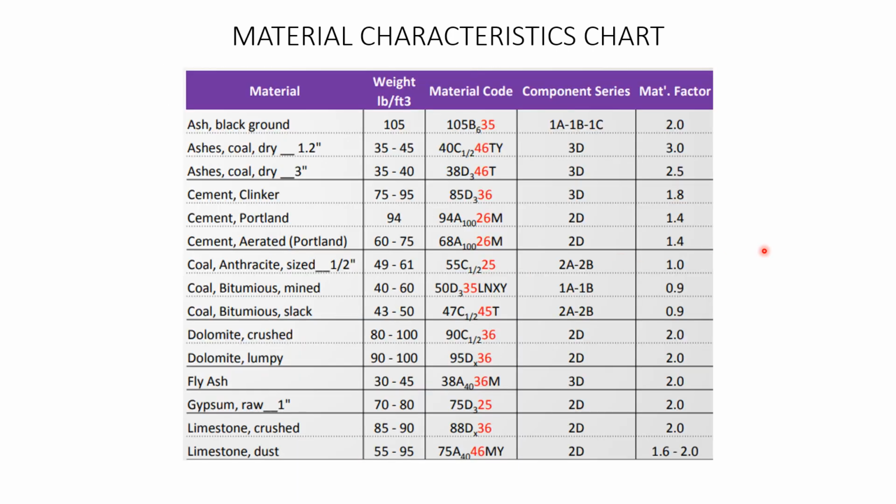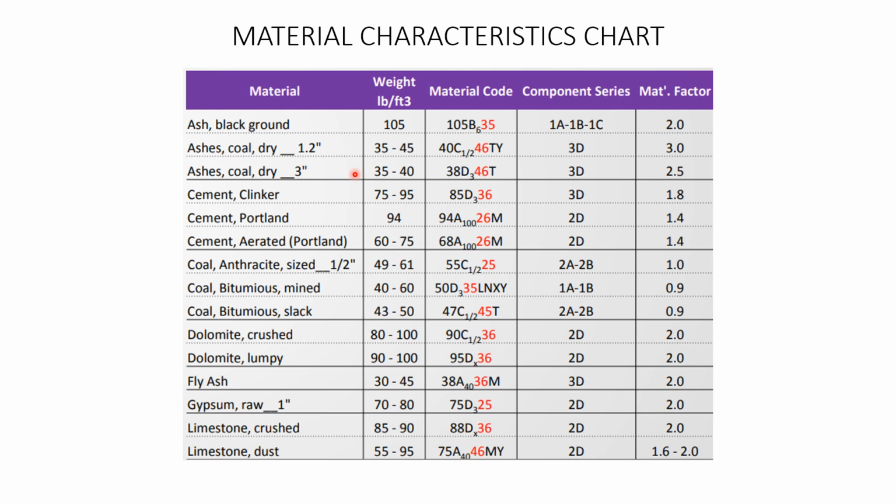So, the material characteristic chart. I have taken again an example from the CEMA standard. Some materials which are given over here, for example, ash, cement, coal, and then dolomite, crushed dolomite, fly ash, gypsum raw, one inch size, limestone crushed, limestone dust. All these materials are in CEMA itself. If you know someone who has the CEMA standard, you can ask them to send it.